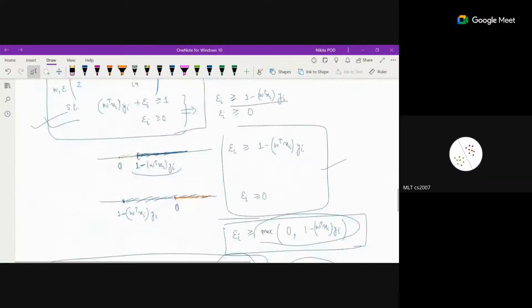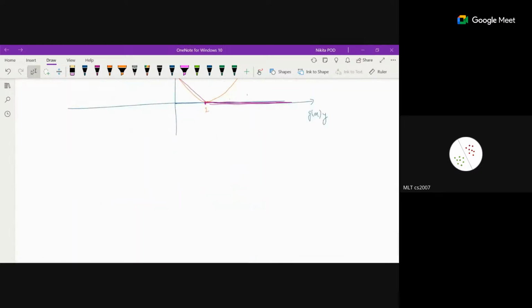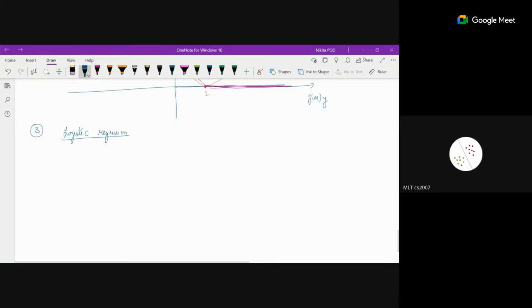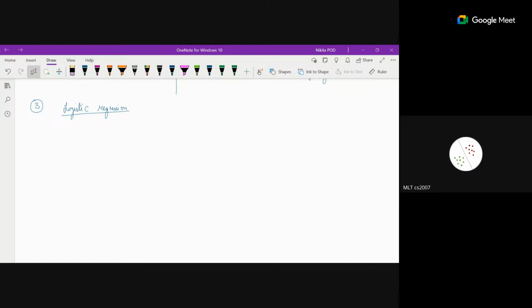Now, next, what we are going to look at is logistic regression. So the third algorithm that we will look at is logistic regression. In logistic regression, what we were trying to do was maximize the log likelihood of the function, where the function was with respect to this W, right?